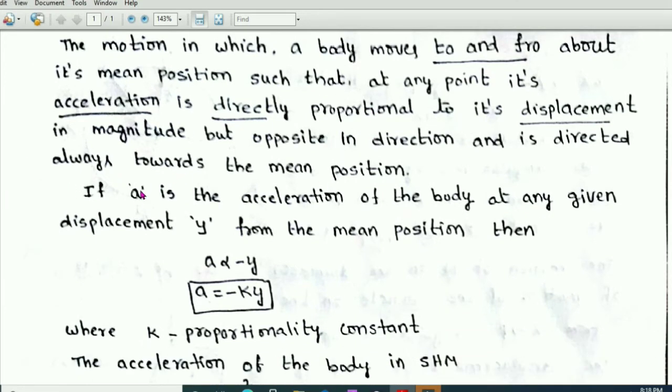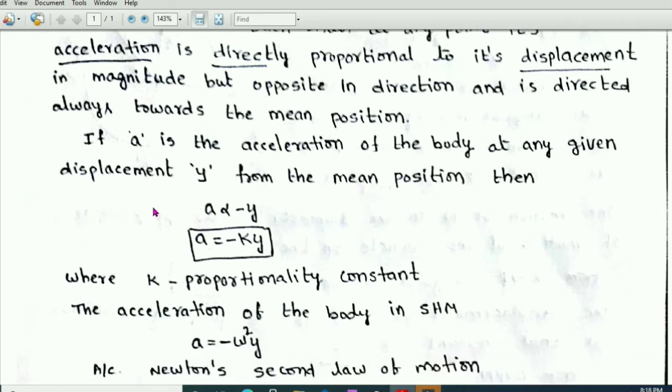If a is the acceleration of the body at any given displacement y, for example, if the displacement of the body from the mean position is y, and at that instant the acceleration of the body is a, then according to the definition, acceleration is directly proportional to the displacement y and opposite in direction.